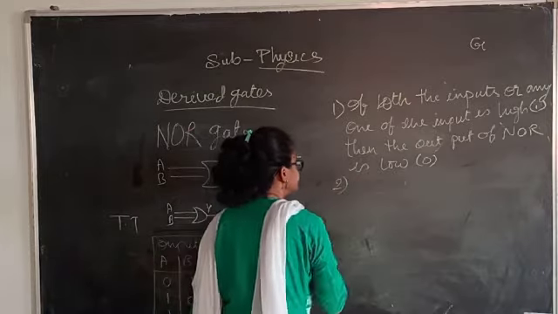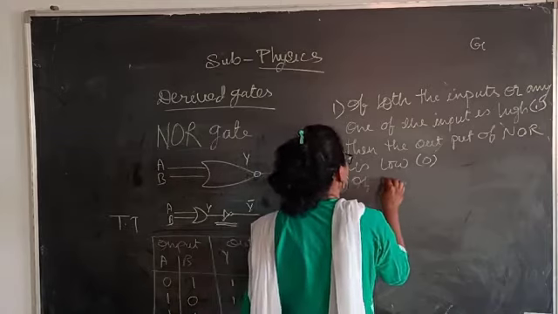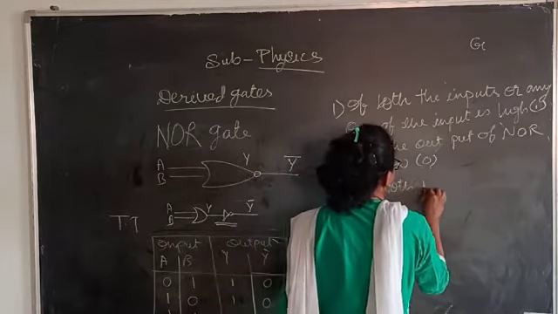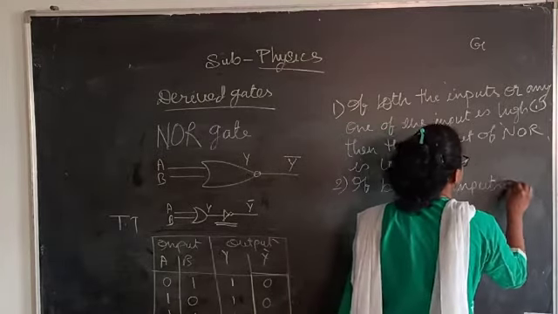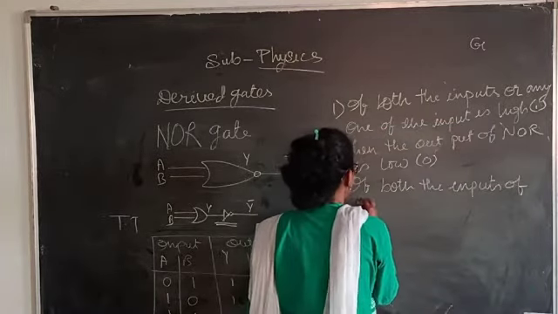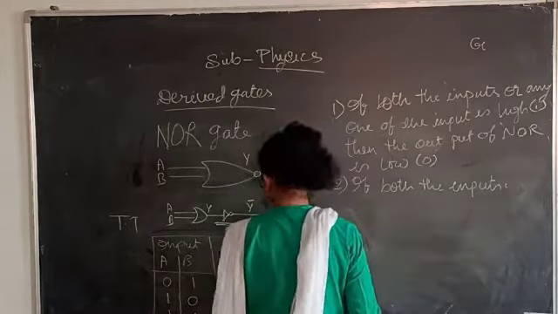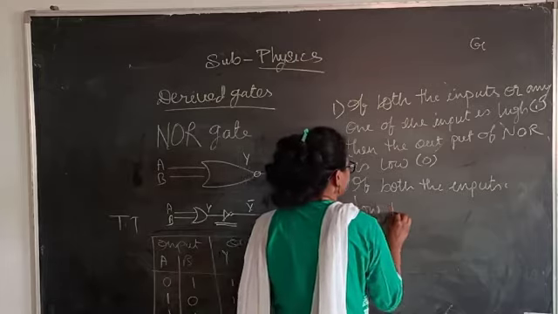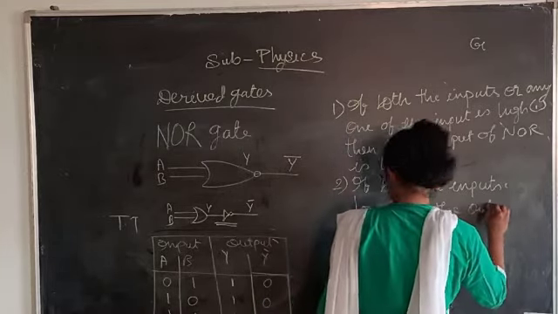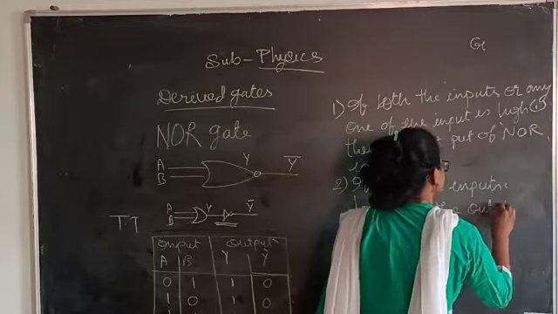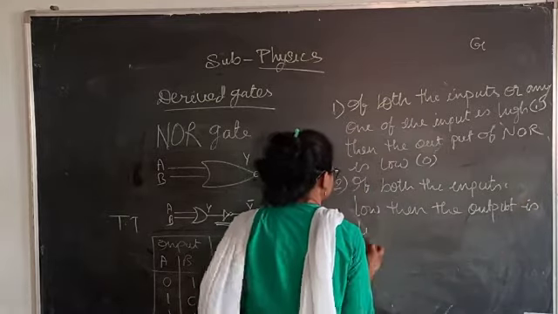And the second conclusion we have drawn is, if both the inputs of NOR are low, then the output is high, that is 1.